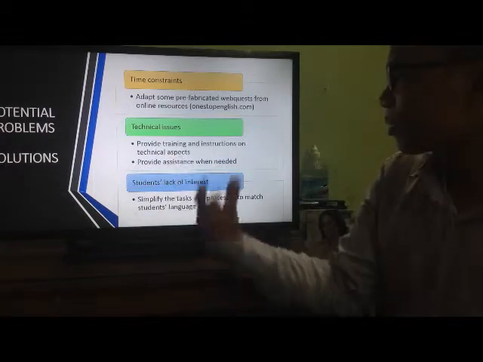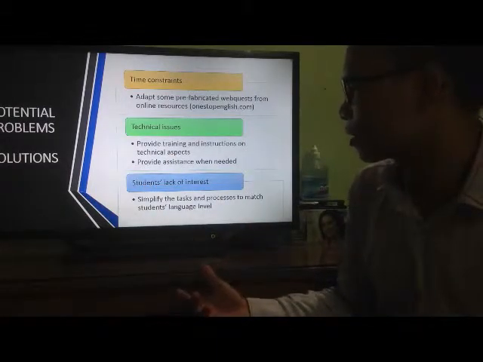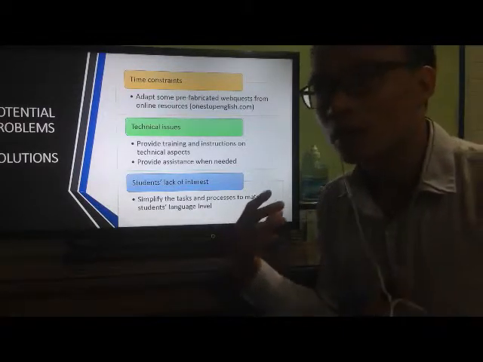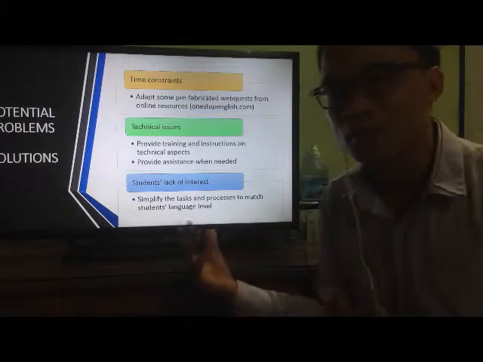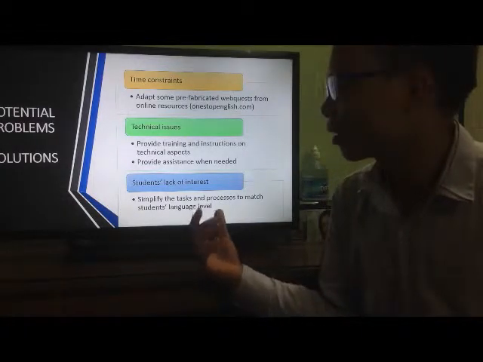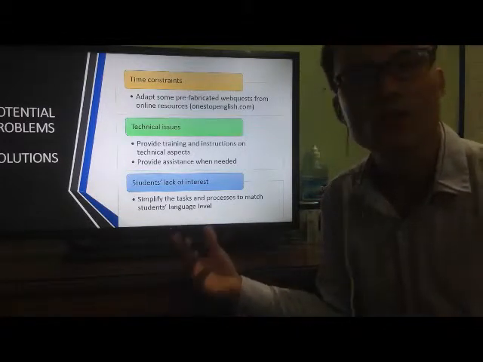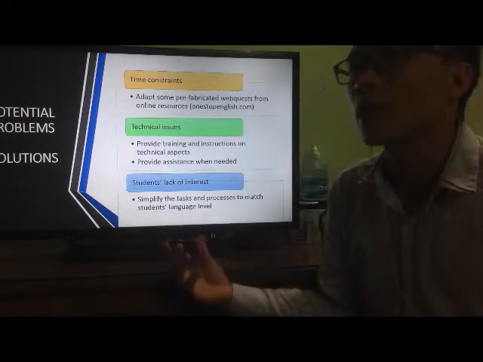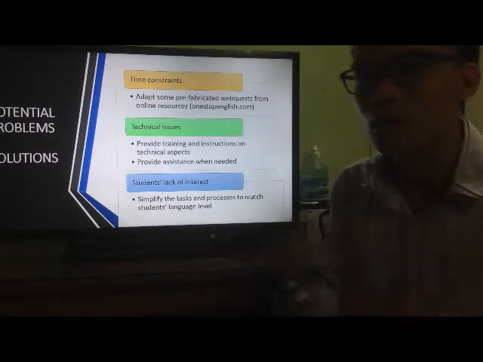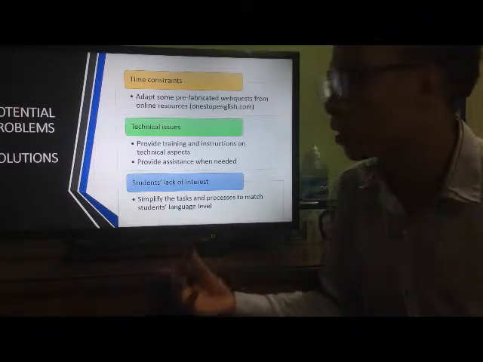And also there might be a problem of lack of interest on the part of the students. As I said before, exposing students to authentic materials online can be a two-edged sword. On the one hand, the students may feel very motivated because they have more choices, and also because they feel like using and interacting with the materials in their own way.